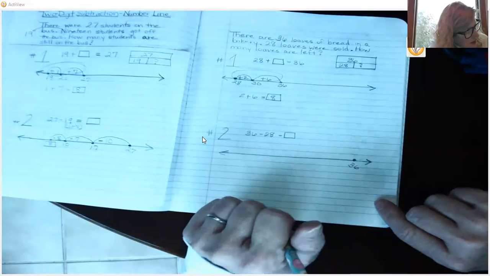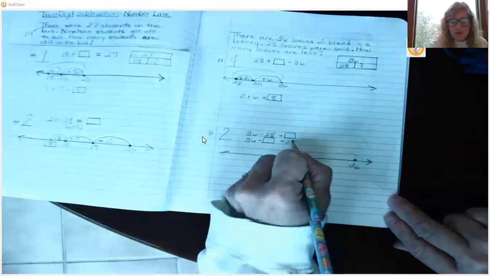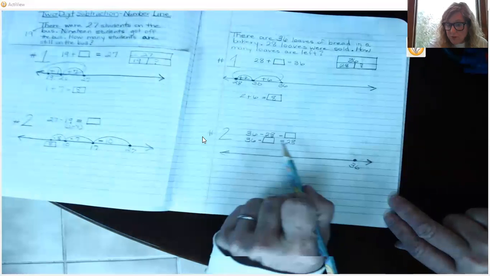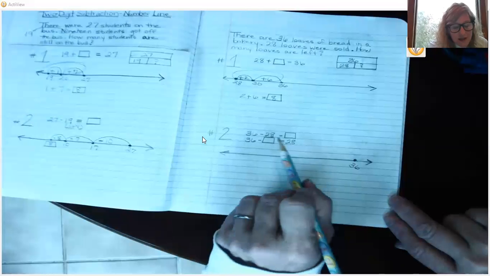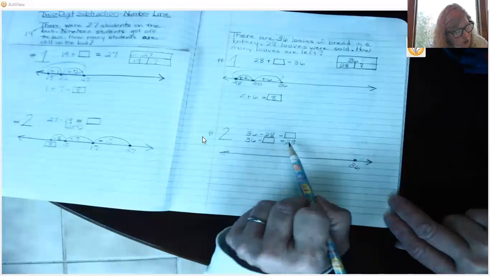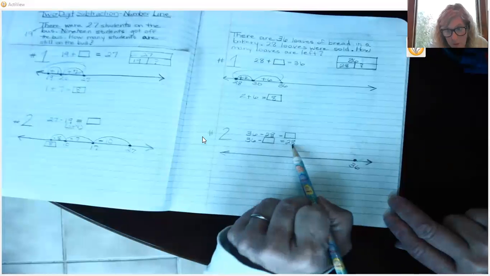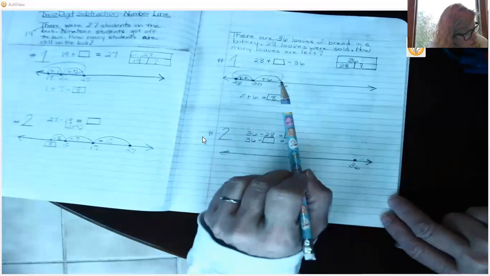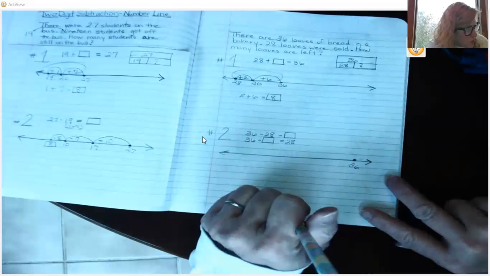So if we say 36 minus box equals 28, it's the same group, the same fact family, but we're going to go back until we get to 28, similar to up here when we went up to 36, to find the difference. So we want to go back.